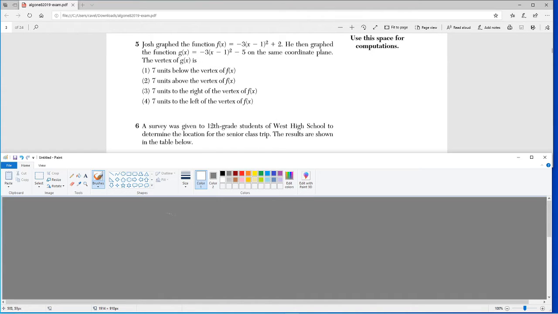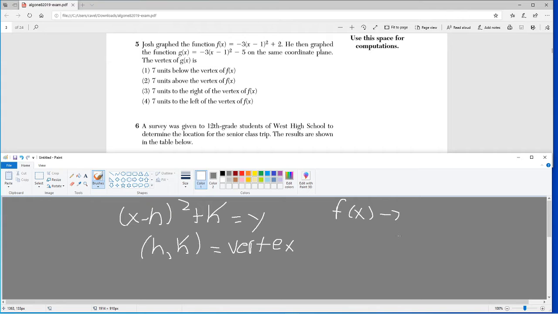Remember, for any quadratic in vertex form, h comma k is your vertex. With that in mind, the vertex of f of x becomes 1 comma 2, and g of x's vertex is 1 comma negative 5.